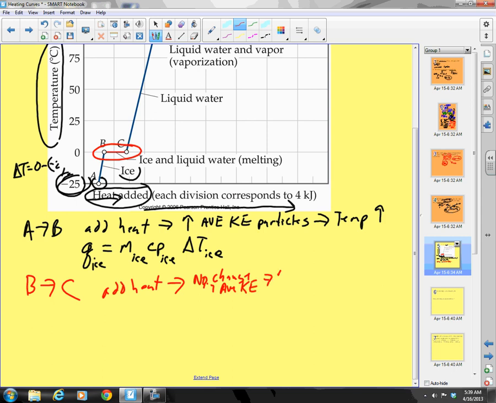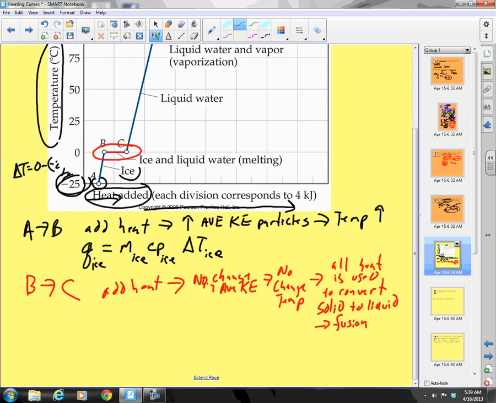There is no change in temp. Why is that? Because all the heat is used to convert the solid to liquid. What is that called? I have to cause fusion to occur. So all the heat goes towards fusion.